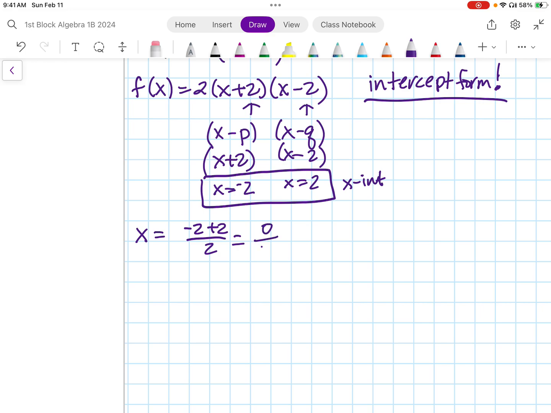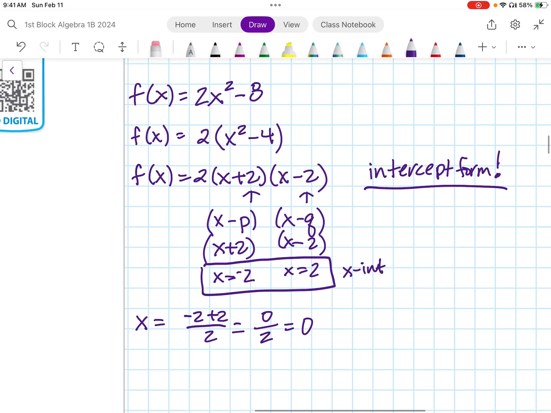Well, negative 2 plus 2 is 0, and 0 divided by anything is 0. So the x value of our vertex, or the axis of symmetry, is 0. We plug that back into our equation. You can use the top part, you can use the partially factored, you can use the fully factored. It's entirely up to you.